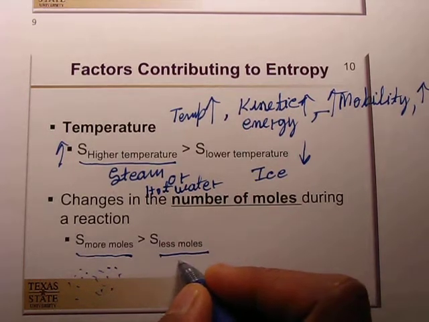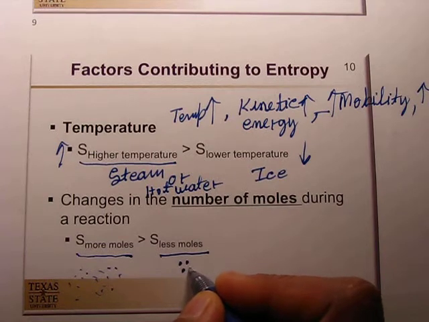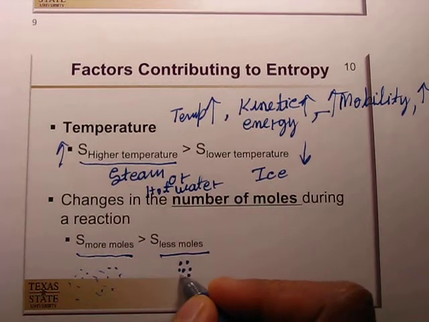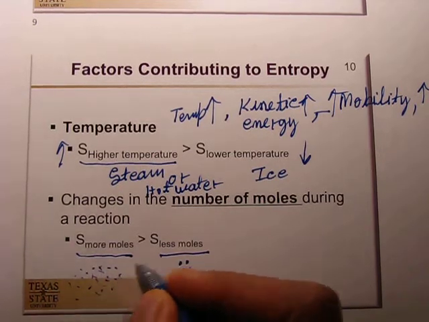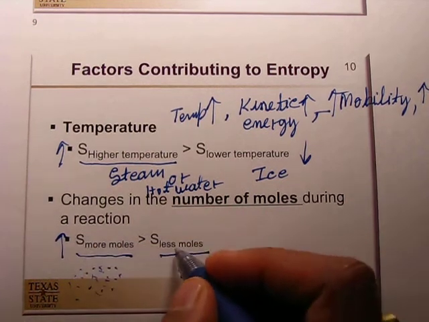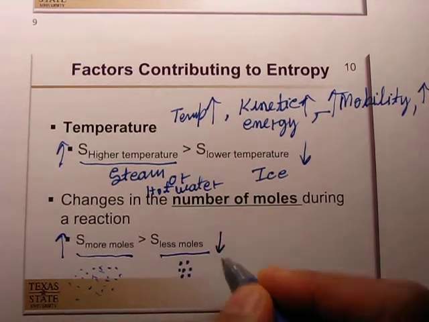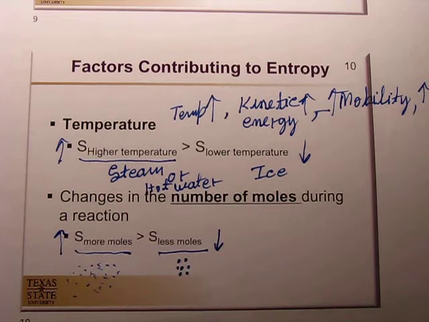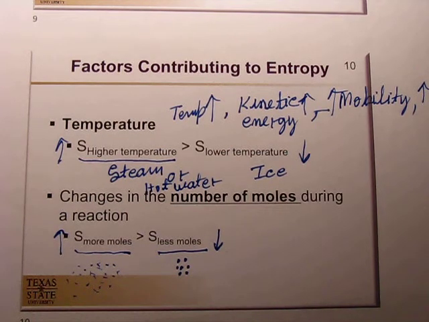And if we are at home, only 2 people or 5 or 6 people, the randomness decreases. So higher number of moles, more entropy; fewer moles, less entropy. This is the way we can understand the factors affecting the entropy.